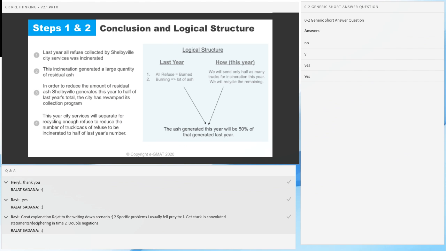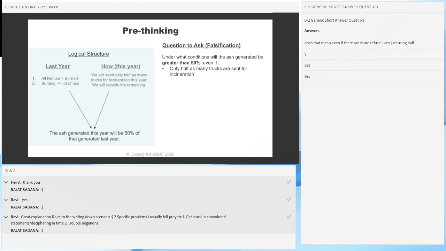Yes, half of last year, not half of this year, half of last year's number. So we ask the same pre-thinking question. Under what conditions will the ash generated be greater than 50% if I only get half as many trucks? What's the only condition in which my conclusion will break down? If the incineration per truck increases, yes.